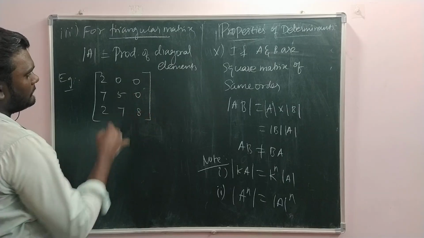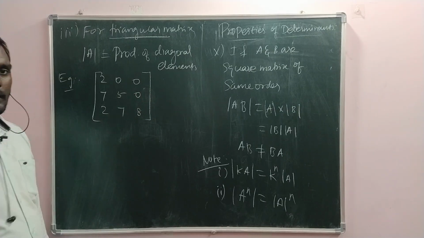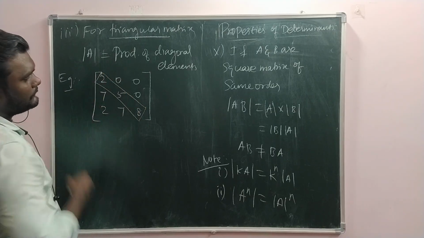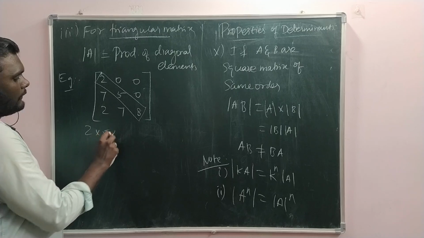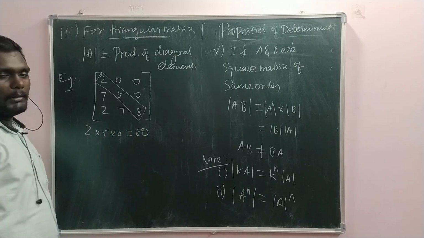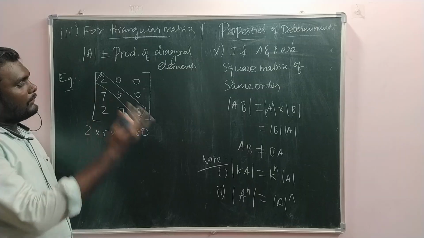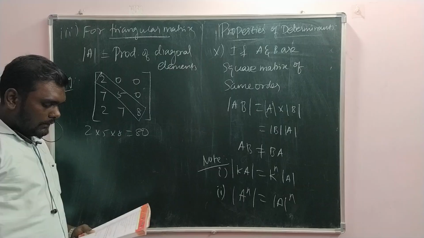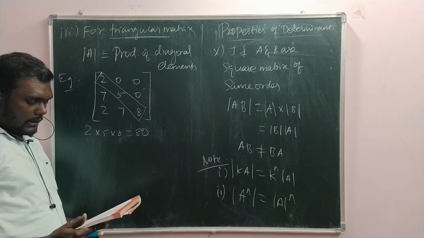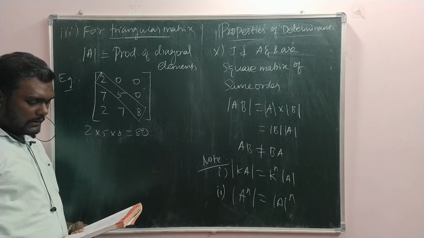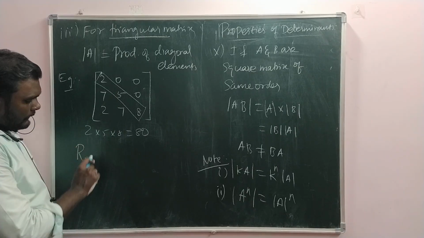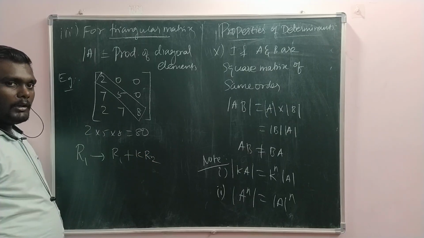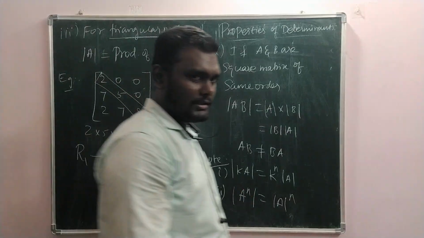Then the determinant of this matrix will be the product of the diagonal elements, so simply 2 into 5 into 8, we get 80. That is the determinant value. Even if you calculate along any row or column, it becomes the same. That is what this note is about. And then to find determinant values, we can use operations like R1 plus K times R2, because we have seen one property that the determinant value will not change.